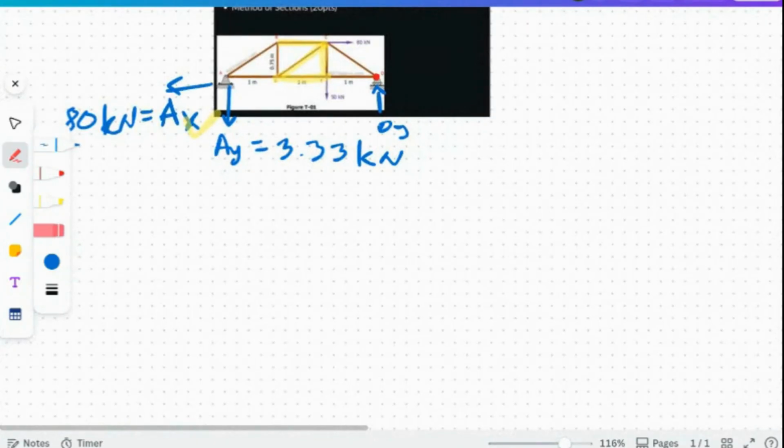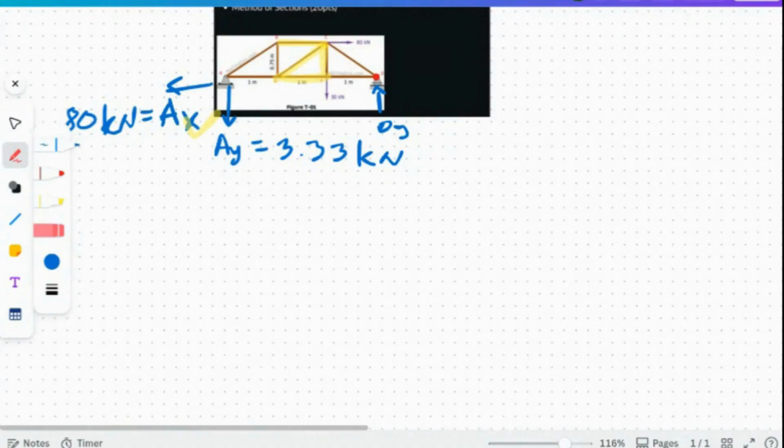All right, let's get to it. Now, for method of joints, you have no choice. You have to really start at the node that has a known force system.